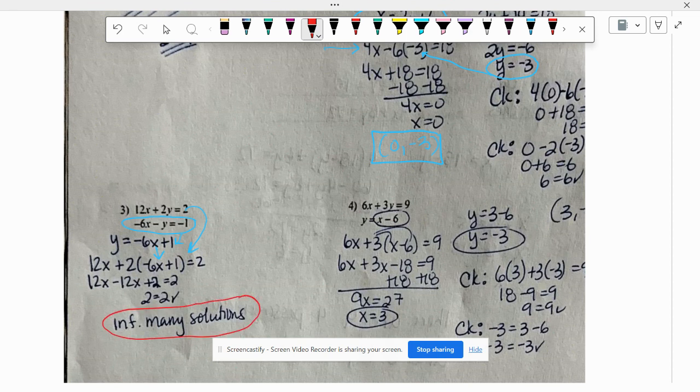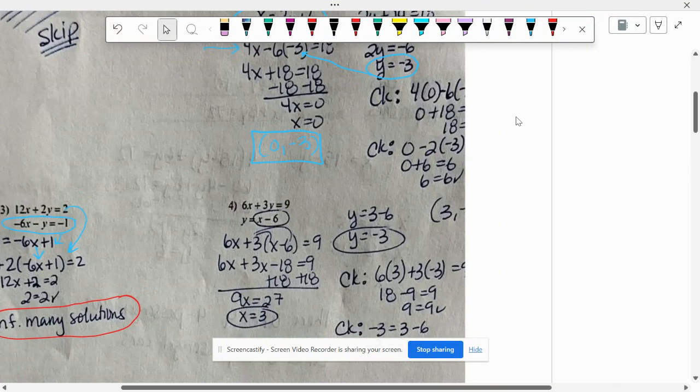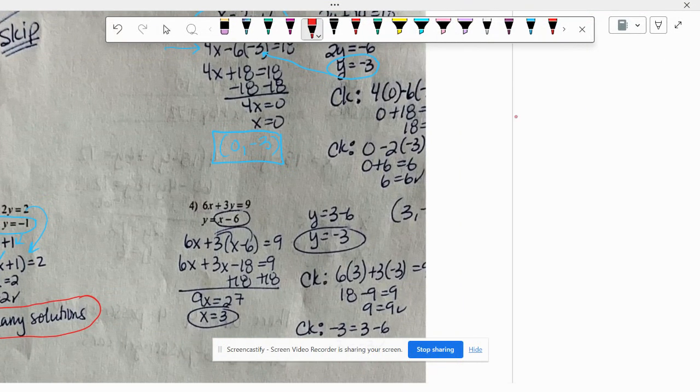You also had an option sometimes where you had a false statement. Your variable terms would cancel out and you would get something like one number doesn't equal another number. For example, if I had 4x plus 2 equals 2 times 2x minus 3, 4x plus 2 equals 4x minus 6.